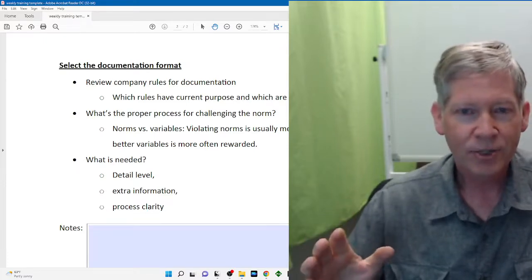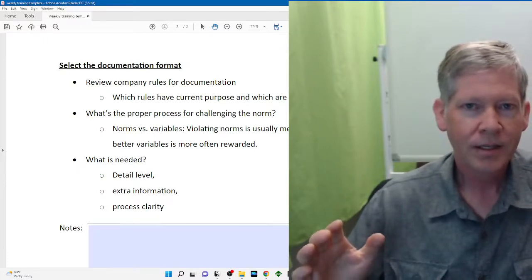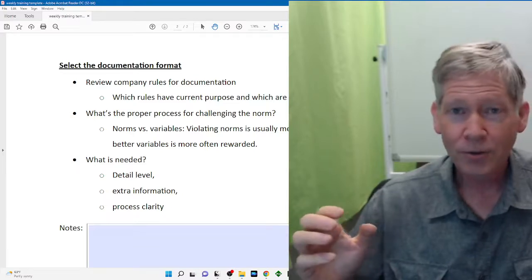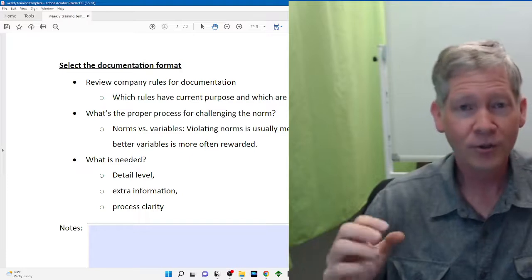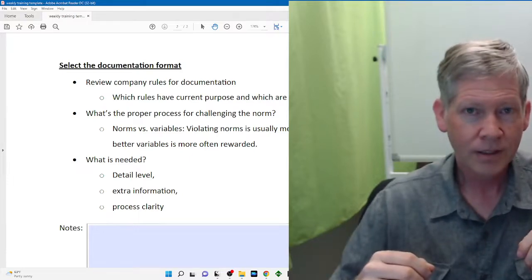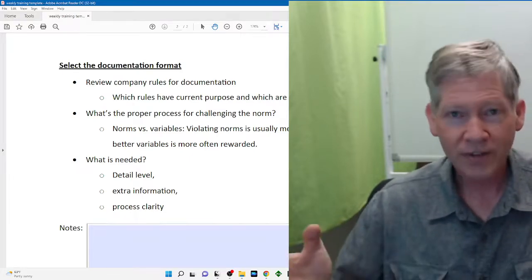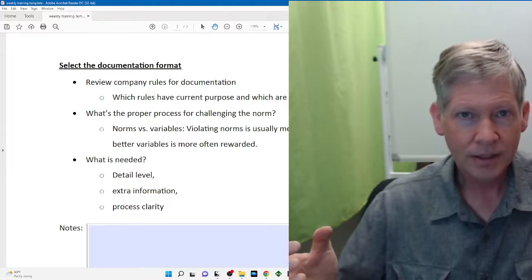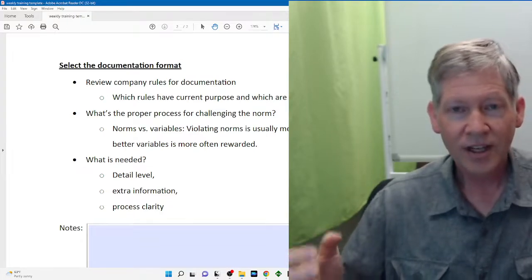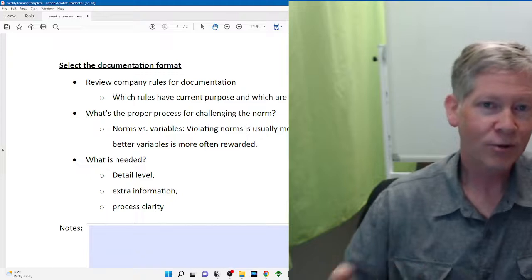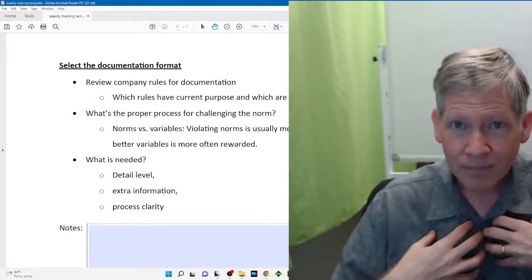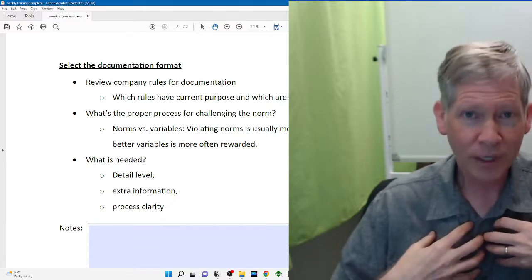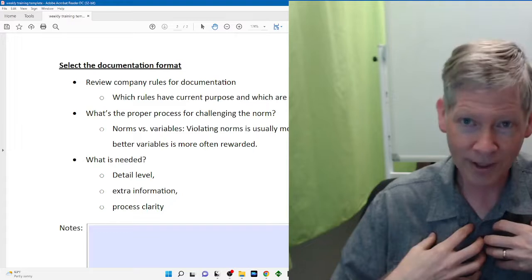Let's imagine a situation where you have screws and you're attaching part A to part B using a screw, and you're not specifying the length of that screw. Is it important for the product that that screw has a specific length? In my personal opinion, it's important that every single product that goes out the door is built the exact same way, which means having the exact same screw length.